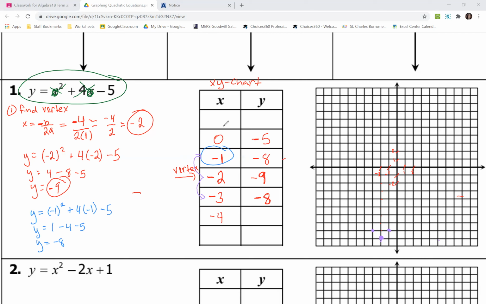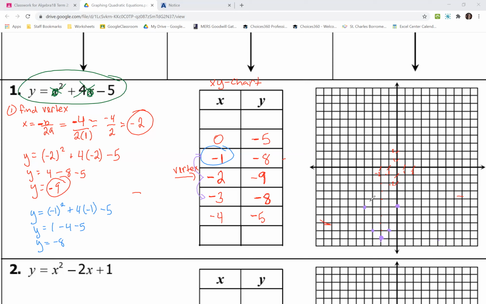They're both equal distance from the vertex. So this will also be negative 5. Okay. So I'll have x equals 0, y equals negative 5. That's going to be 1, 2, 3, 4, 5. Get purple back up. And this will also be negative 5.